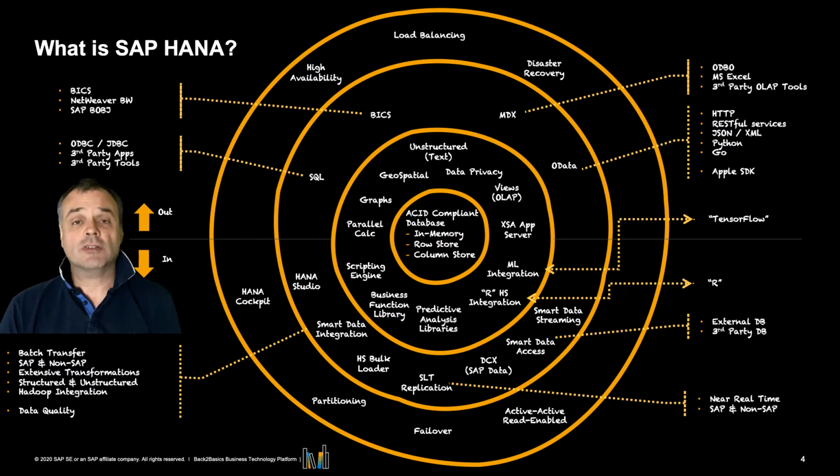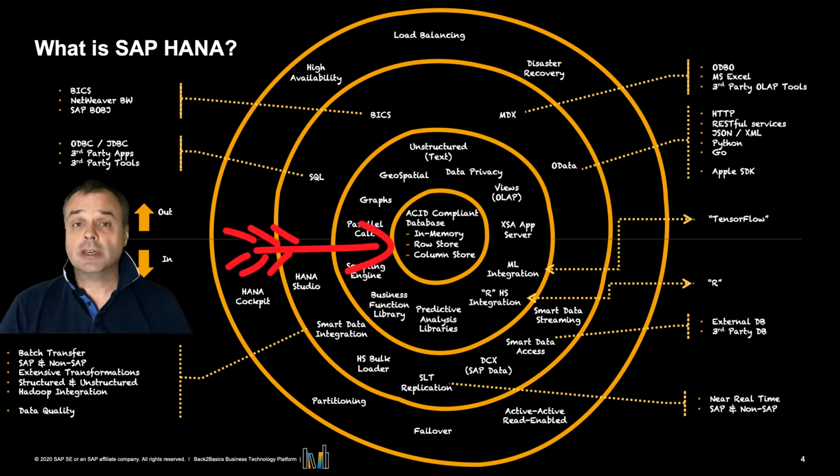SAP HANA is a database that has three main characteristics. It's in-memory, it's row-based, and column-based. What does it mean? It means that we store everything in tables. Tables can be orientated in rows and can be orientated in columns.